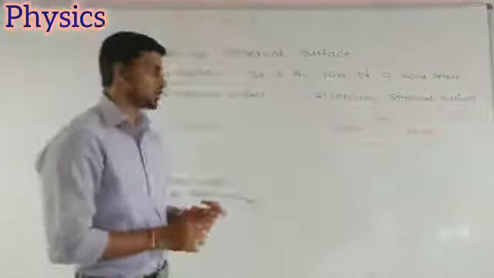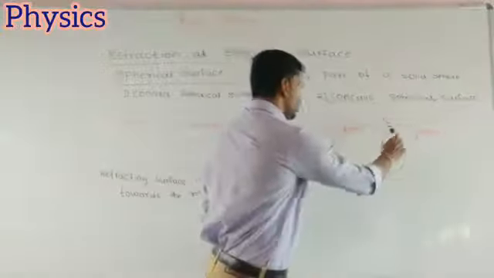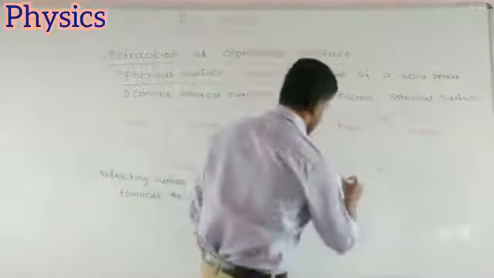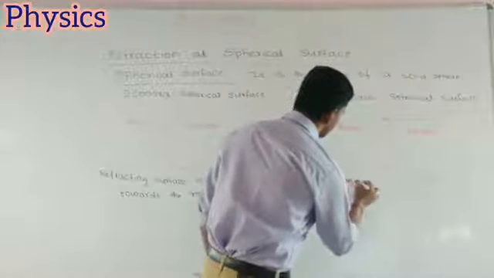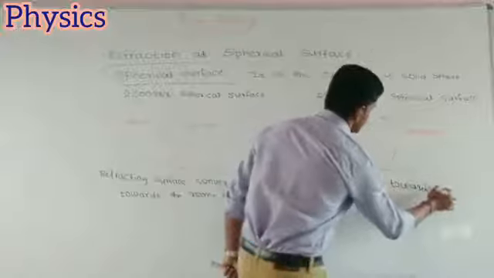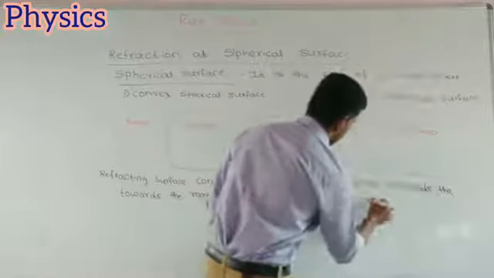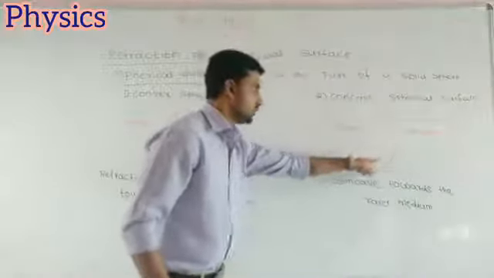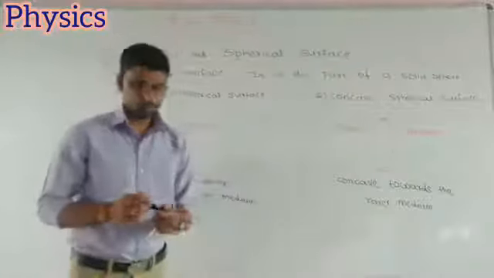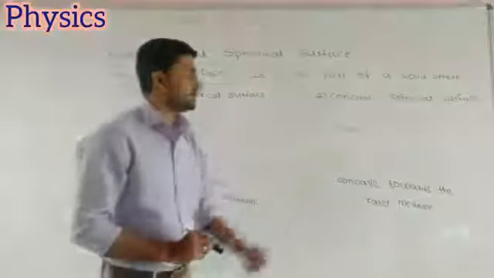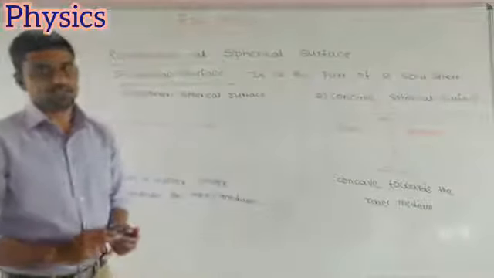In this case, the refracting surface is concave towards the rarer medium. So this is the way of representing the convex spherical surface and the concave spherical surface.